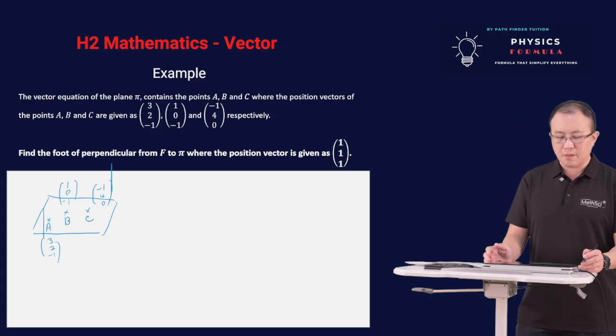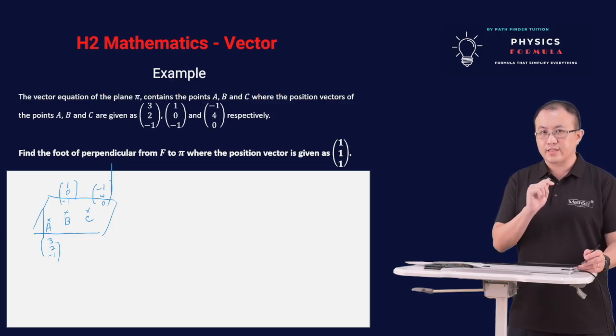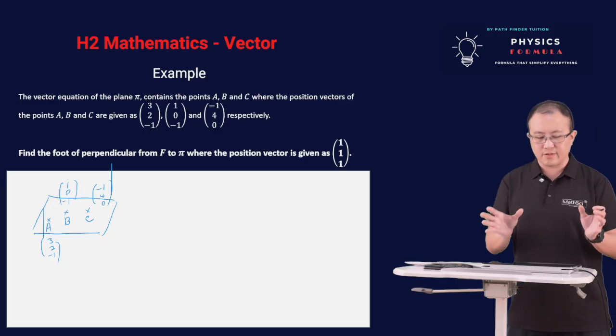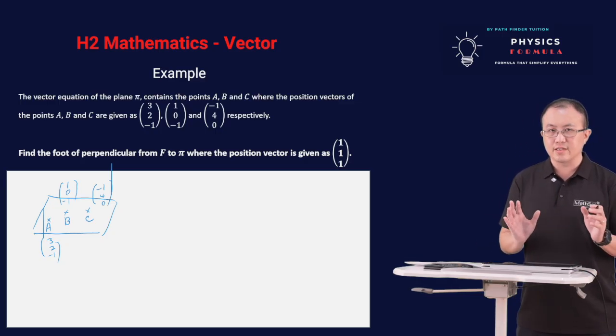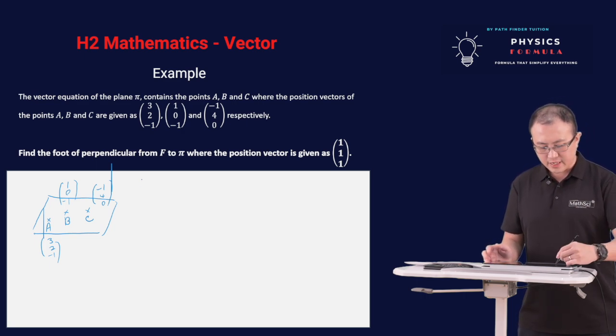And to find the foot of perpendicular, actually you will need the normal vector. Later you will see why. So let's try to find the normal vector of this plane first. I don't need the column vector form of the plane, but I need the normal vector. So let's use the 3 points given to you to find the directions. So we find AB first. AB is given by OB minus OA.